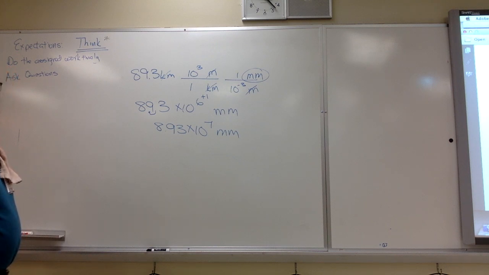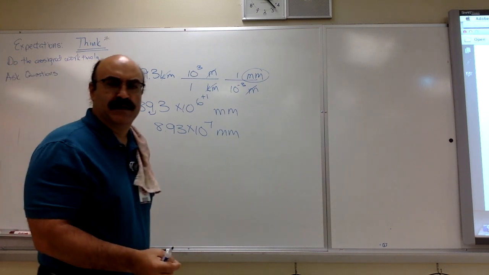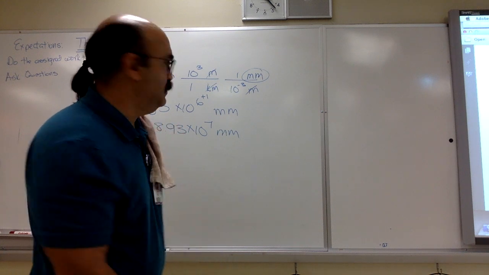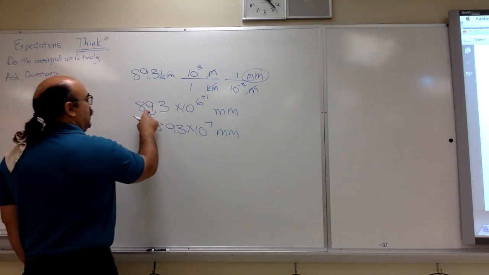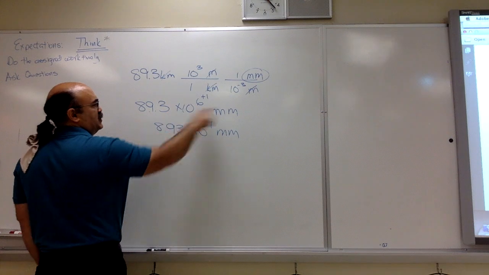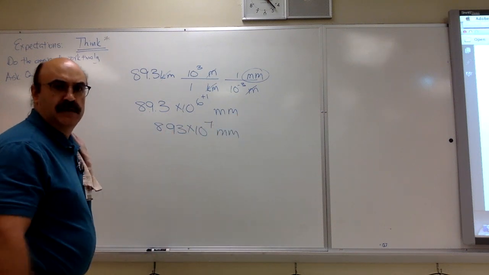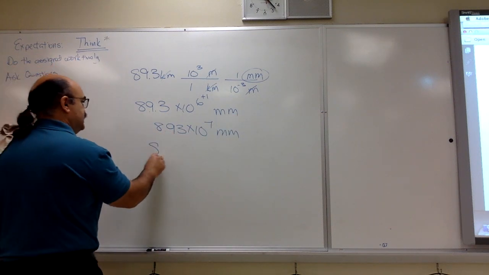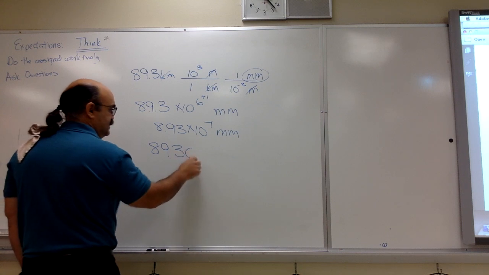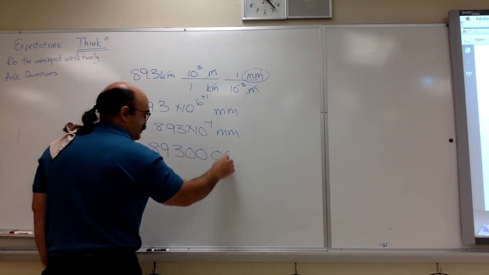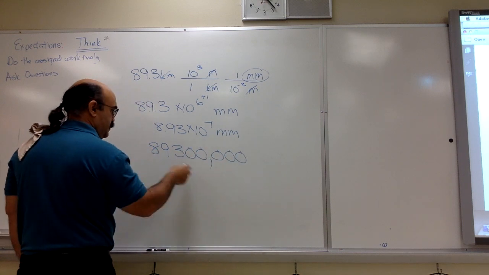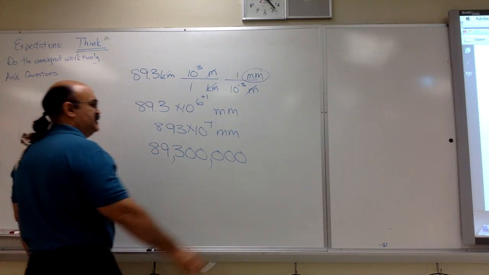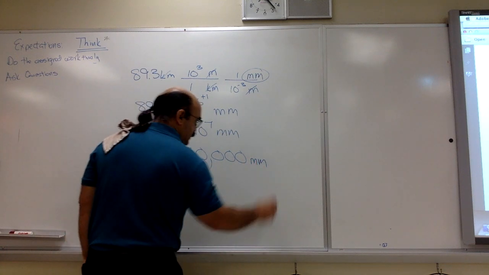If I simply want to write the answer in regular notation, this means I need to go this way 6 places. So my number then becomes 893,000,000, put in my commas for spaces, millimeters.